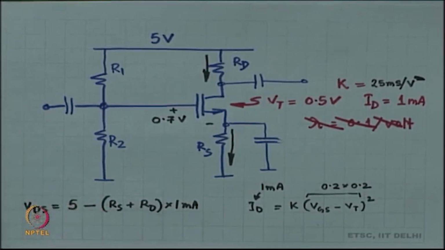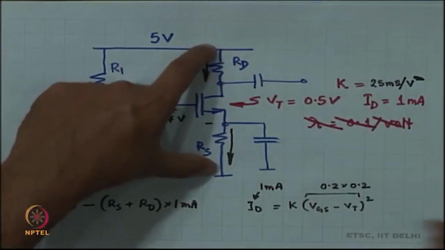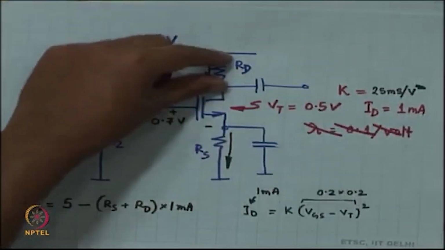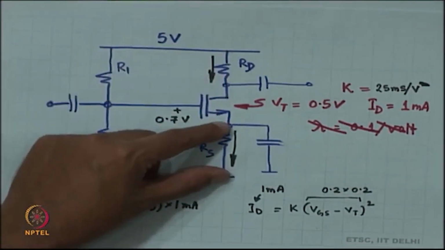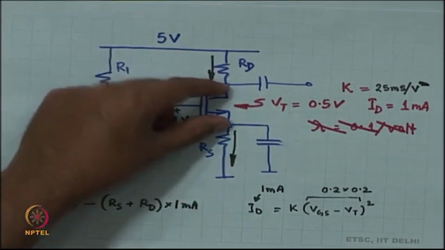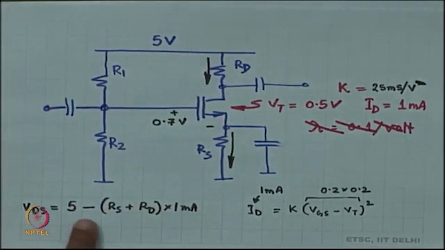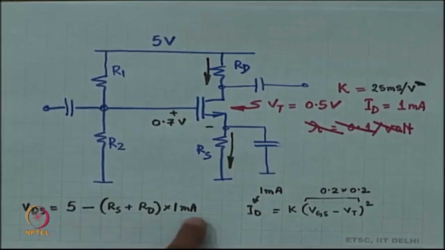Fine. Do you understand what we are doing? 5 volts, RD times 1 milliampere, RS times 1 milliampere, the remaining part is VDS. So, VDS is 5 minus RS plus RD times 1 milliampere. Any questions so far? Okay.